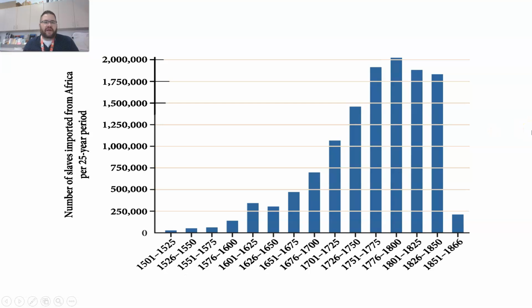This graphic gives us an idea of about how many kidnapped and captured Africans would be forced into slavery. So as we look over here, we see the number of slaves that would be forced out of Africa for a 25-year period. We know that the very first slave ship arrived in the British colonies in 1619.